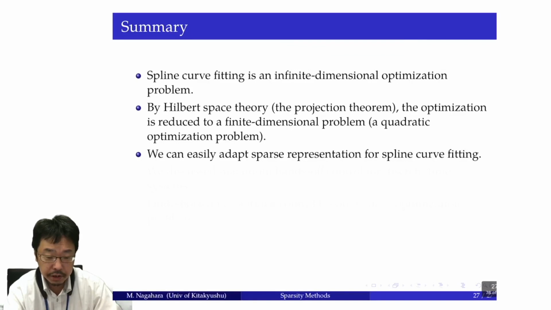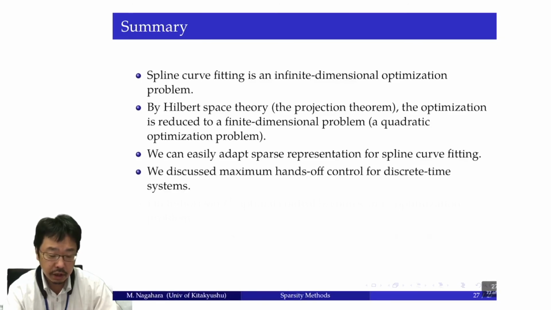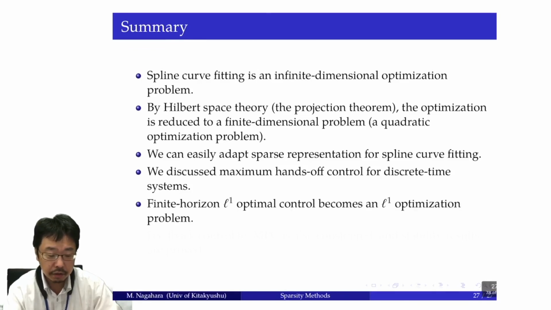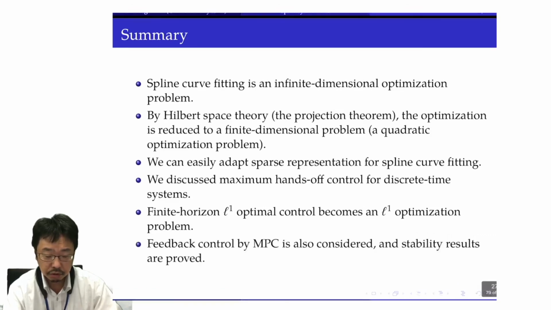Then we can easily adapt sparse representation for spline curve fitting. Then we discussed maximum hands-off control for discrete time systems. Finite horizon L1 optimal control becomes an L1 optimization problem. Feedback control by MPC is also considered, and stability results are proved.